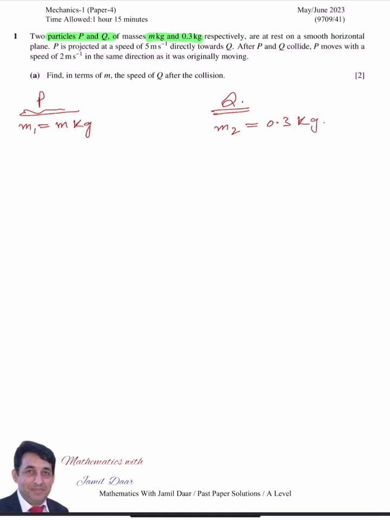They are at rest on a smooth horizontal plane. P is projected at a speed of 5 meter per second. That means V1 initial is 5 meter per second.